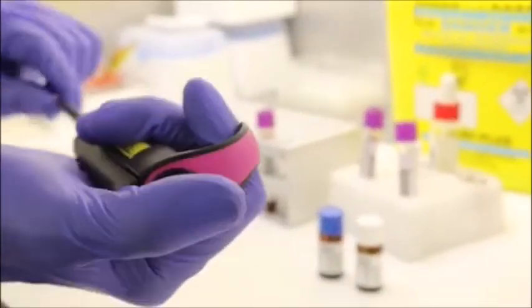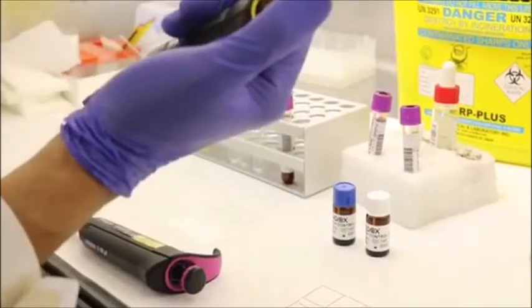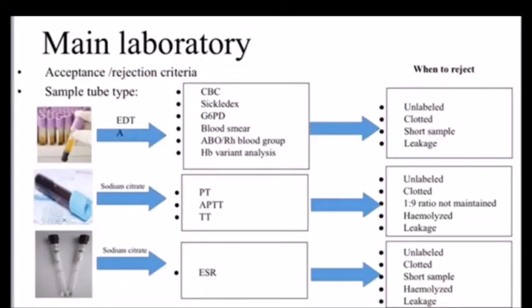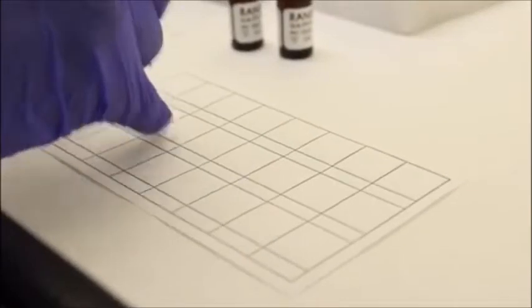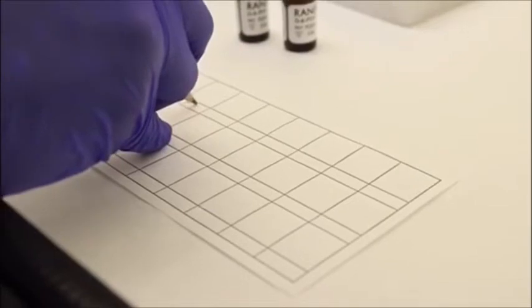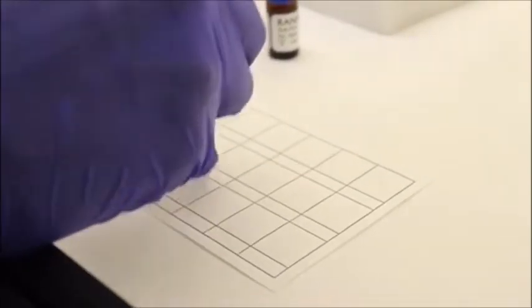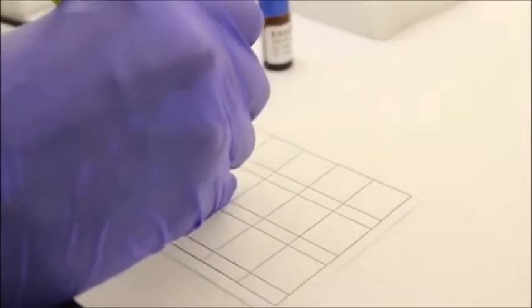So let's start off by taking 100 microliters of the working reagent. Then, on the filter paper, label the squares as your normal control, your partial deficient control, your deficient control, and your patient sample.